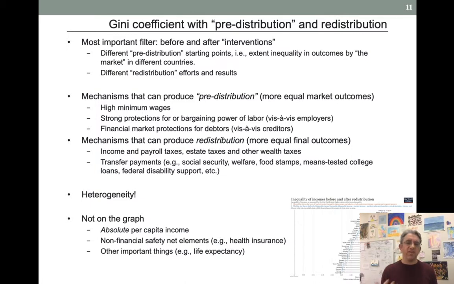But also non-financial safety net elements, things like the provision of health insurance or health care to a population. Those things don't really occur here. You could weave them into the Gini, but we won't do that work right now. And finally, there are lots of other important things that may have some link over time to the way resources are distributed in the society that matter a lot, but we're not looking at those explicitly right now either. I think life expectancy is one of the best ones to consider. All right, let's dive in and look at these different Gini coefficients.